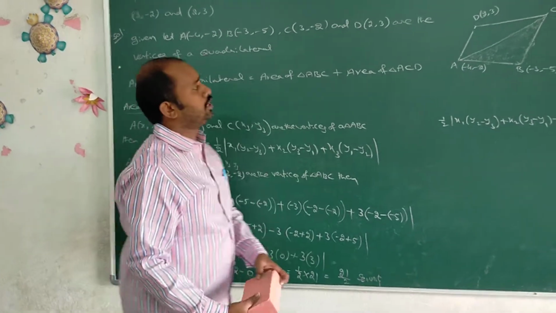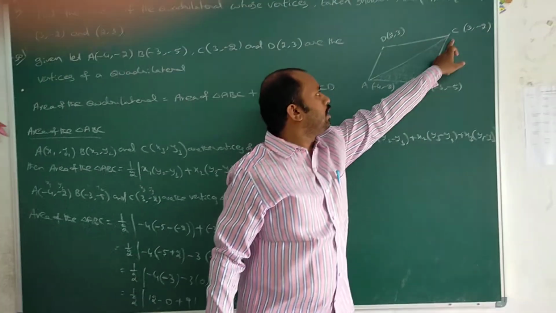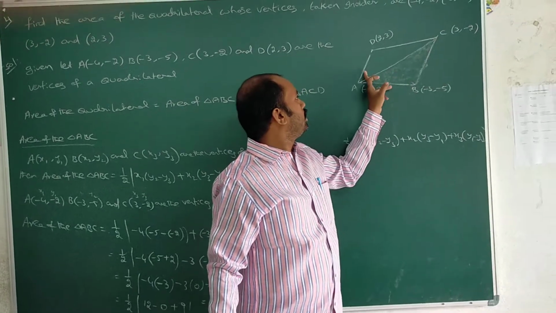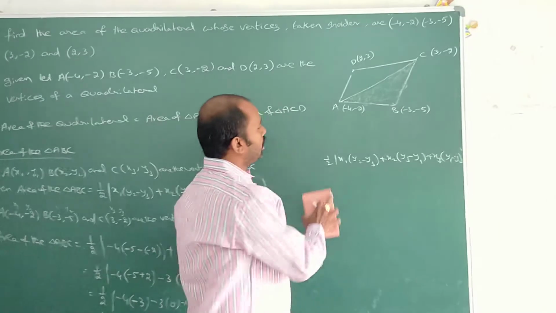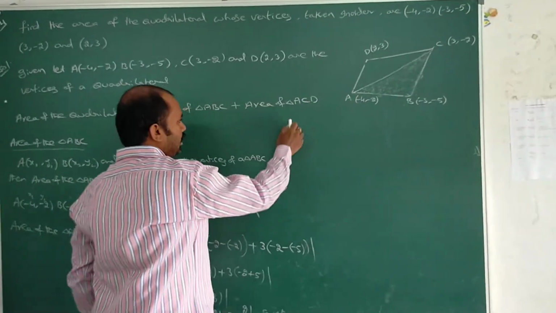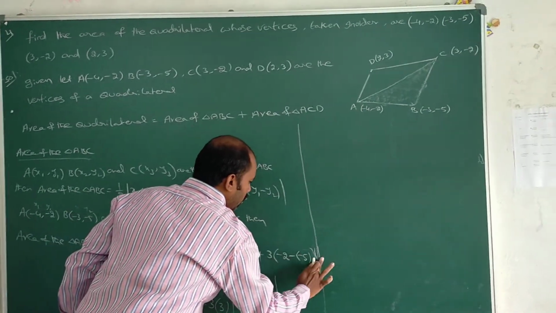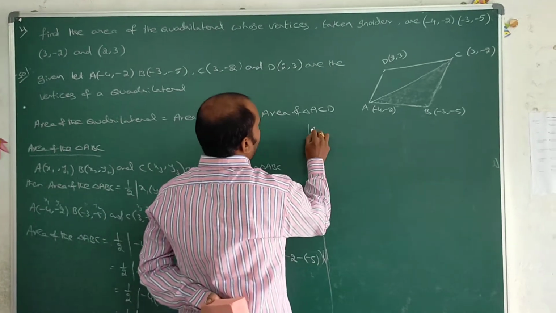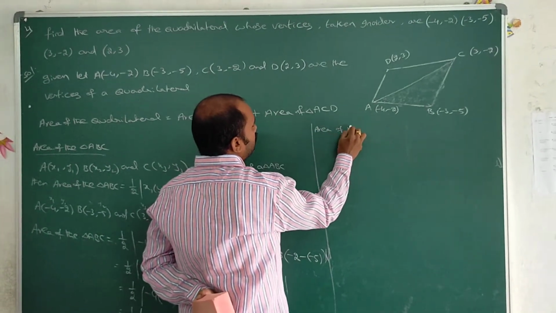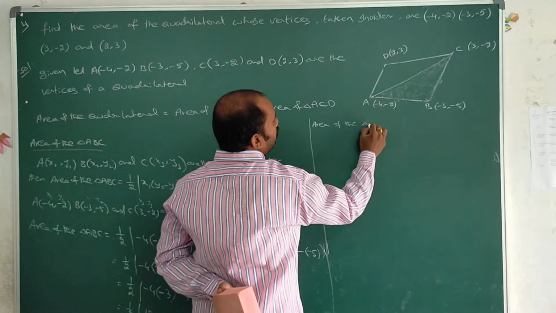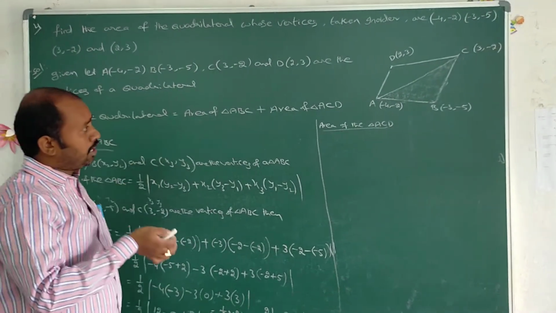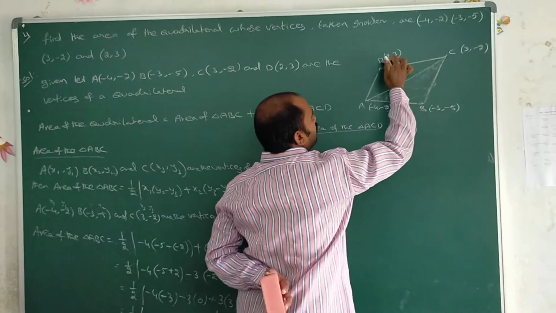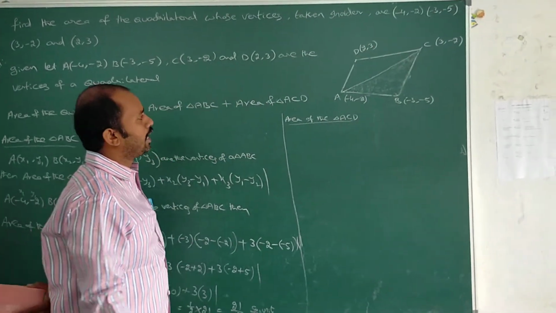This is the first triangle, area ABC, and another one here, ACD, is the second triangle. So we now find the area of the second triangle ACD. First we take the vertices. A, C, D are the three vertices of a triangle ACD.